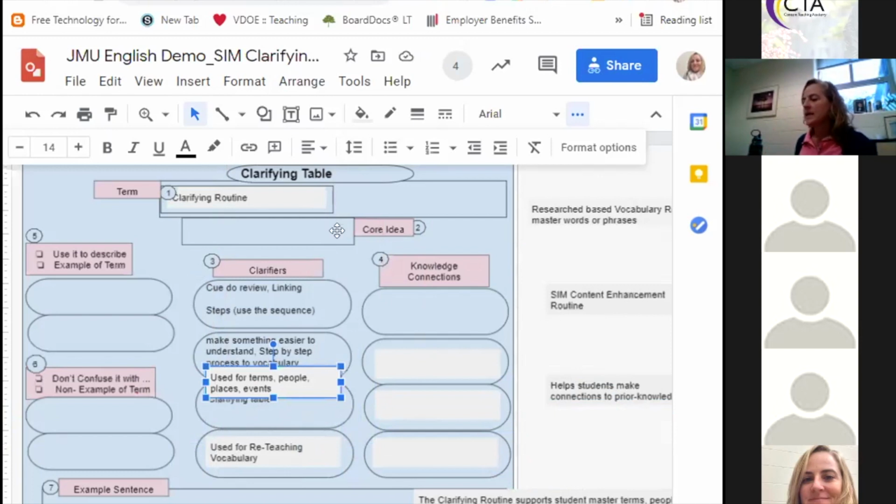So let's go up here and look at our core idea. So our core idea is, how was this developed? What is our terminology for how the clarifying routine was developed? What did the people do?